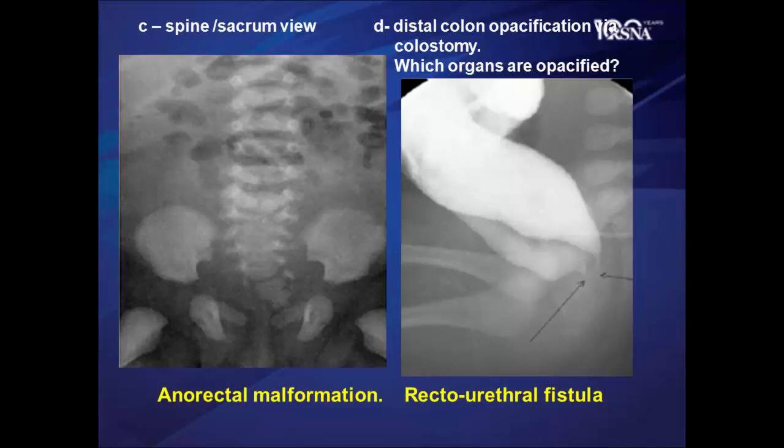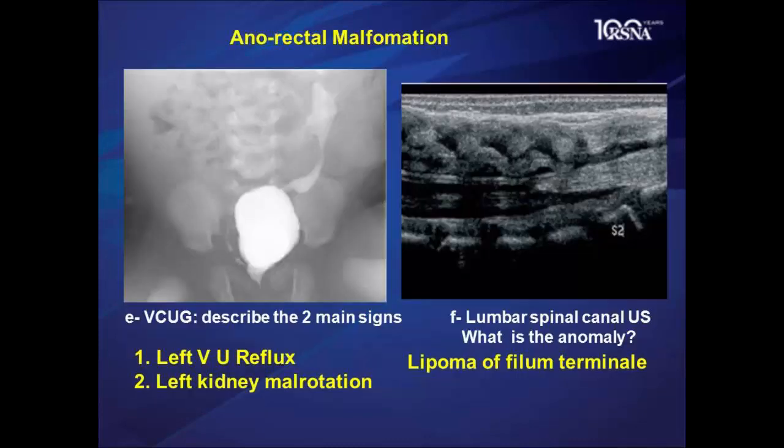And also the workup should include a VCUG. VCUG here, we have an abnormal kidney that may quickly be identified on ultrasound, and with reflux here. So left kidney malrotation, reflux, frequently associated with ano-rectal malformation. Lumbar spinal canal ultrasound may show you, like in this case, a lipoma in the filum terminale.